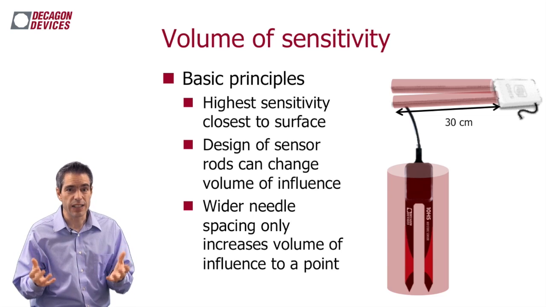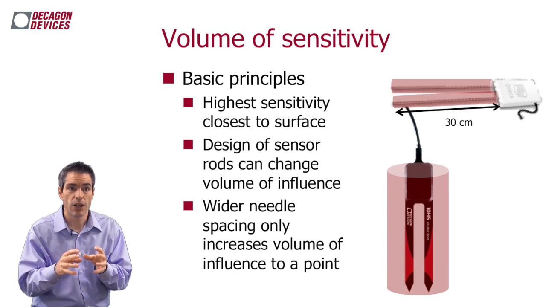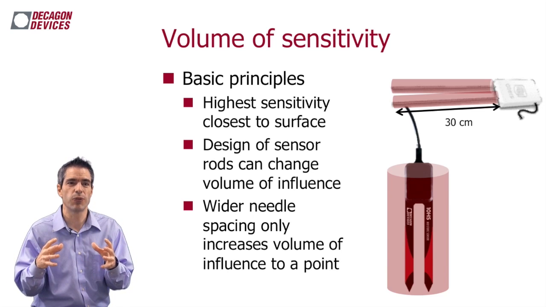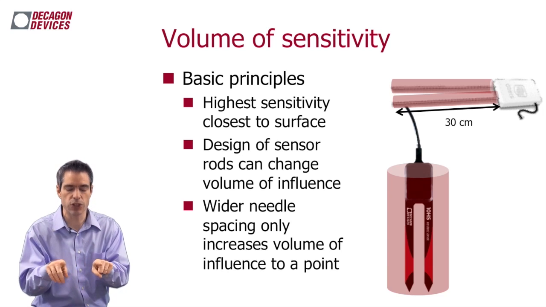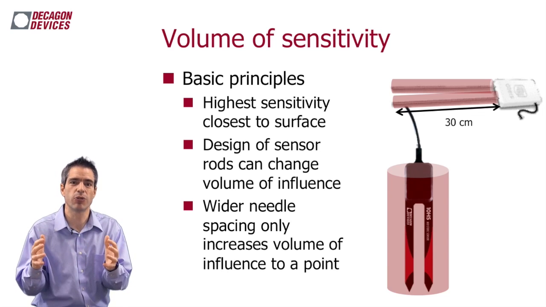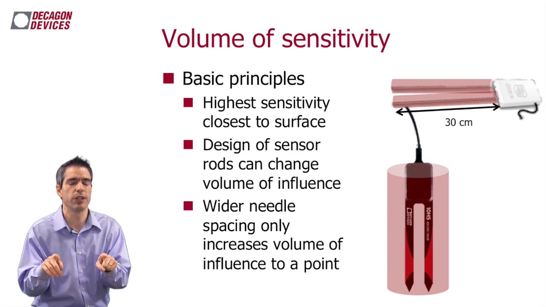The second idea is that we can design sensors that can increase this volume of influence, but only to a point. We can change the rod spacing, but wider needle spacing only increases it to a certain point.